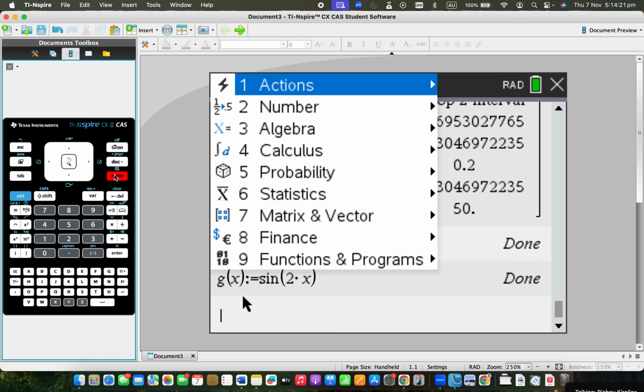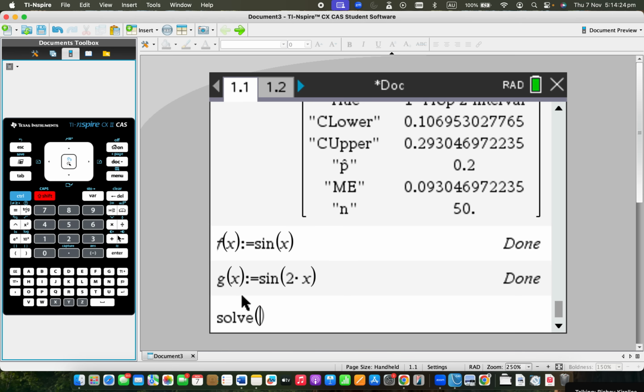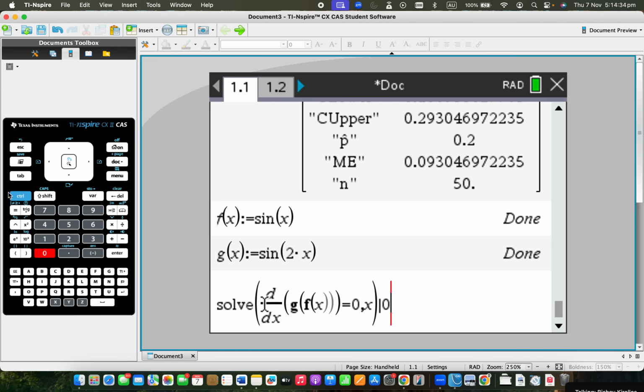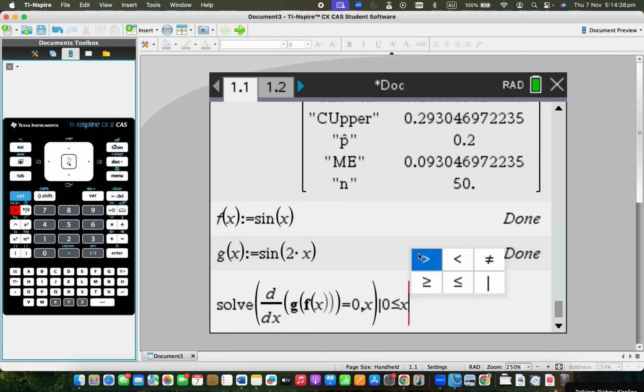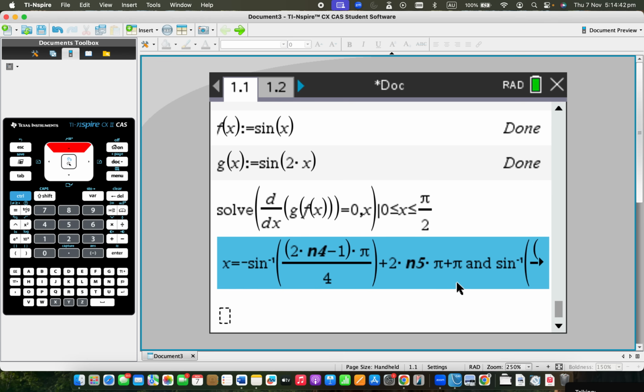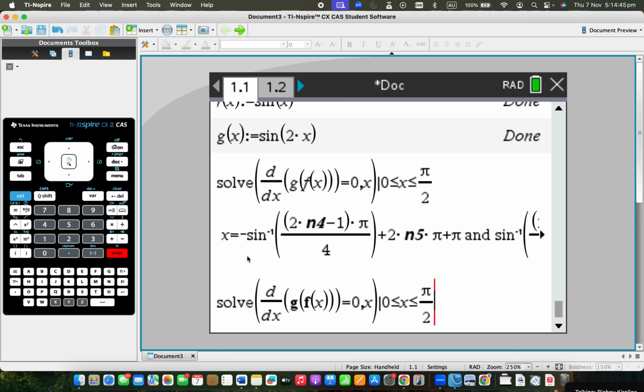So menu 3.1, shift minus, g of f of x is equal to 0 comma x, and that's for 0 less than or equal to x less than or equal to pi over 2. And it says to 1 decimal place.